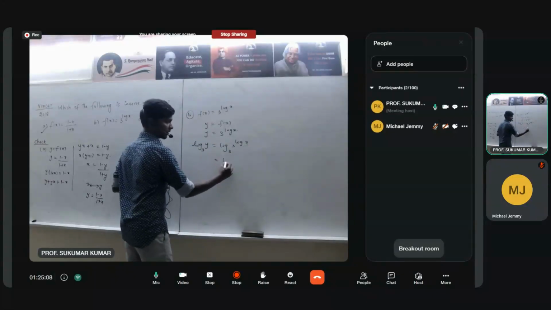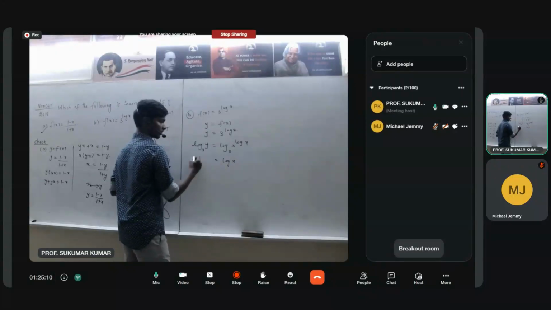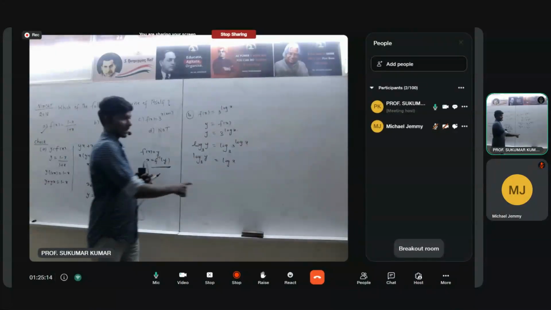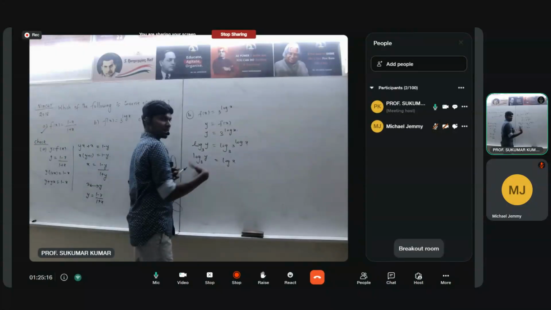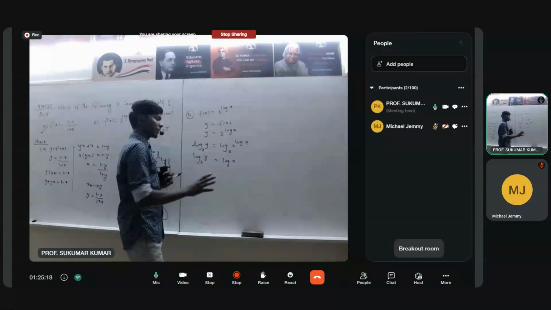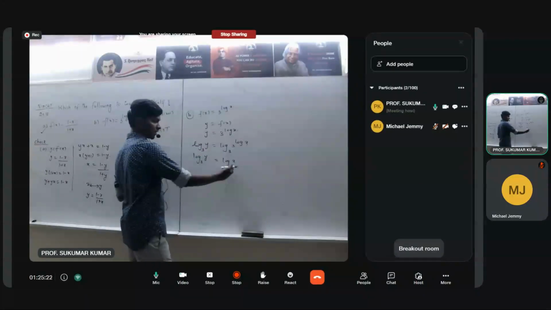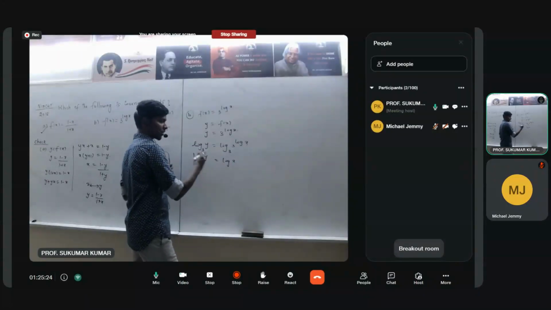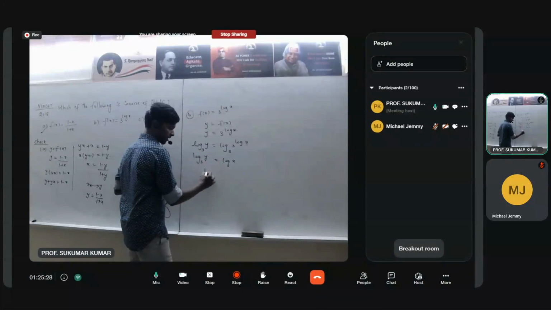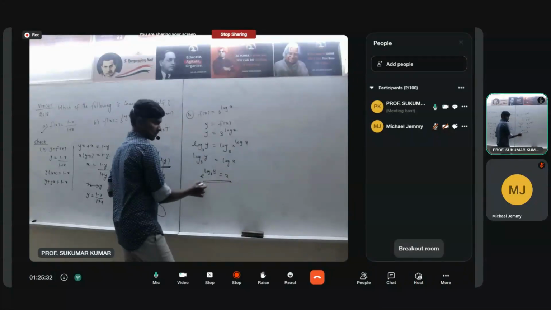So log x will come. Here maybe something exponential will come, but not 3, definitely, because they're not mentioning it. If it is not anything, we can assume exponential. So log base 3 of y is equal to x. It is the same.